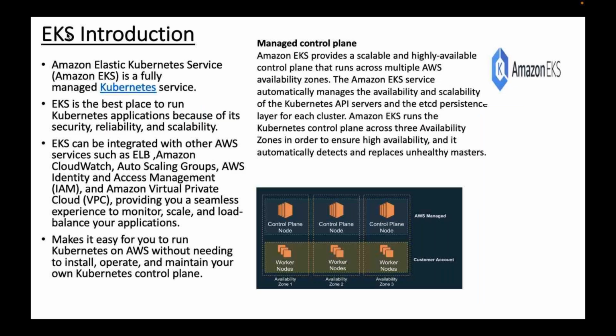So EKS, Elastic Kubernetes Service, is a fully managed Kubernetes service. Kubernetes is a container orchestration software. Using Kubernetes, you can deploy your applications as containers into the cluster. Kubernetes will manage the applications in the form of pods and its containers. But instead of you setting up the Kubernetes on your own, let AWS create and manage the cluster for us.